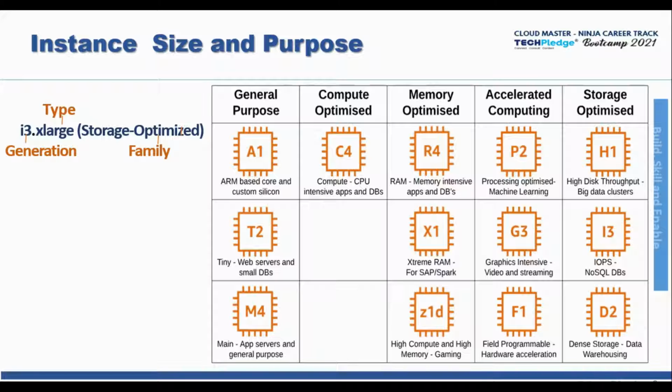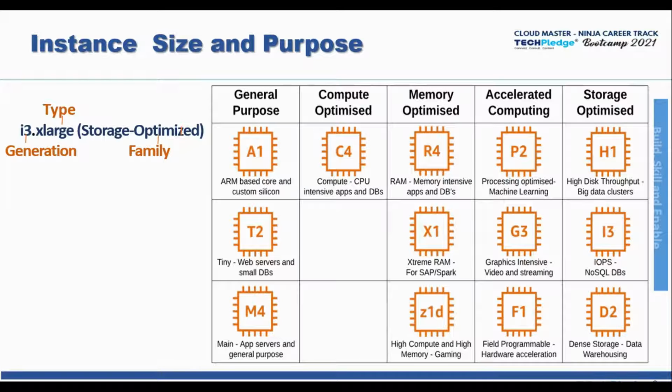There are different types here. A1 is for ARM based cores and custom silicon. T2, or T, is for tiny, used for web servers and small databases. M4, M is for main, for app servers and general purpose. If you go for compute optimized, you can see C4, which is for CPU intensive apps and databases.